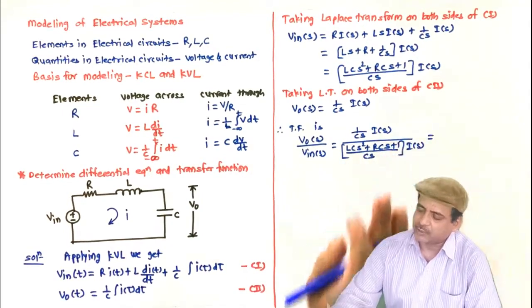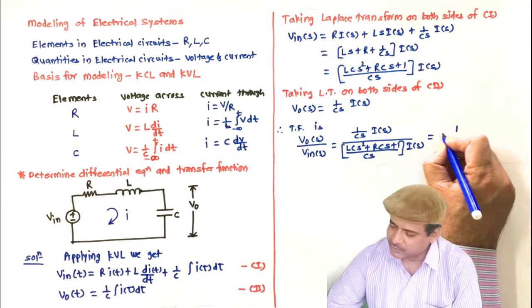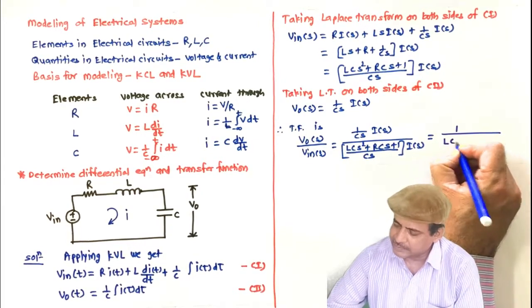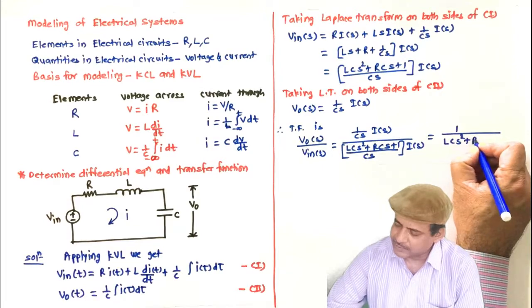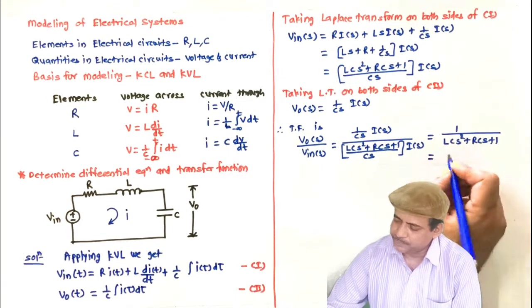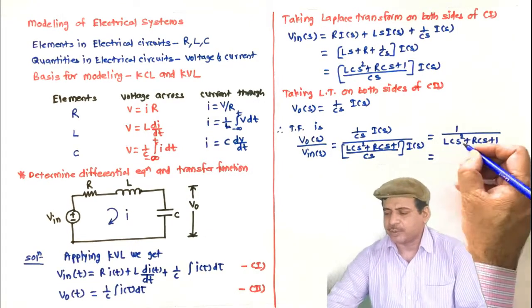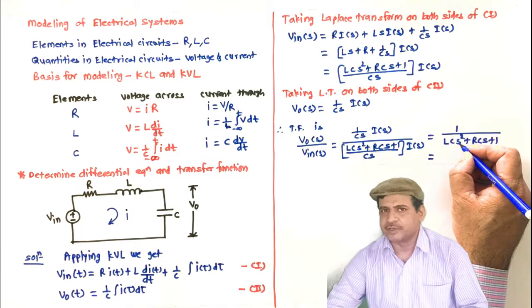So I of s gets cancelled, 1 by Cs gets cancelled, so it is 1 by LCs square plus RCs plus 1. It is a common practice to always keep the coefficient of the higher power of s in the denominator equal to 1.